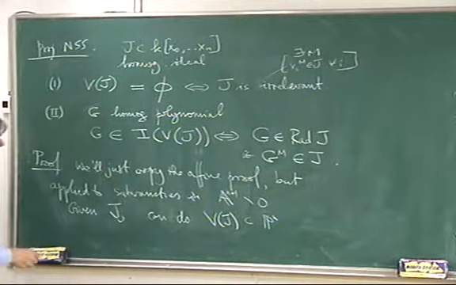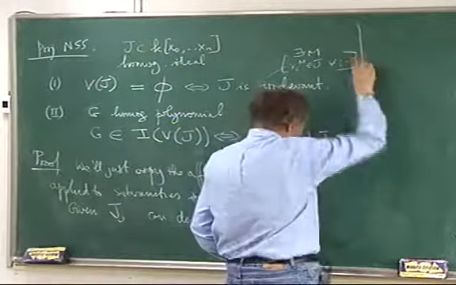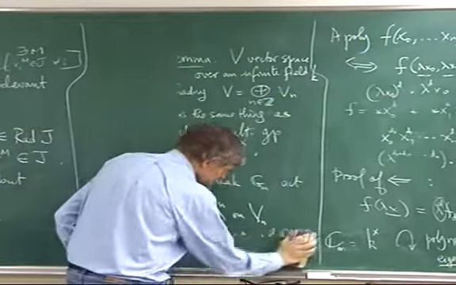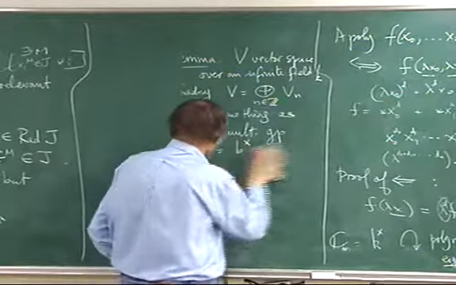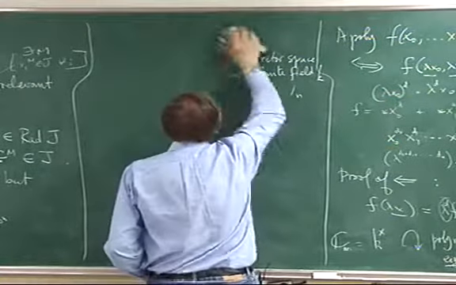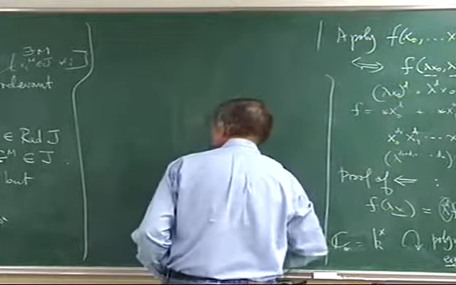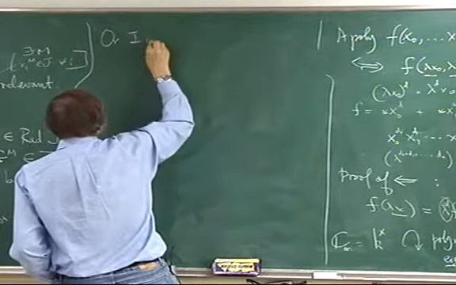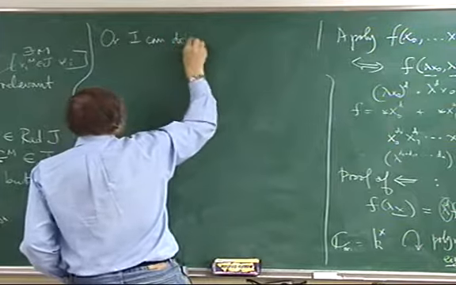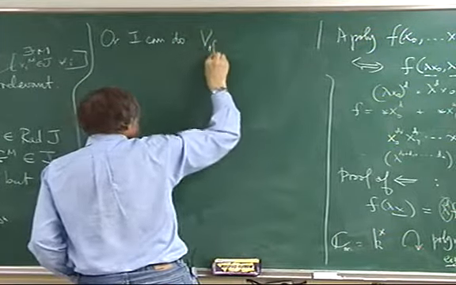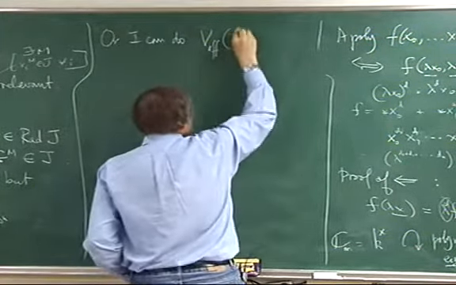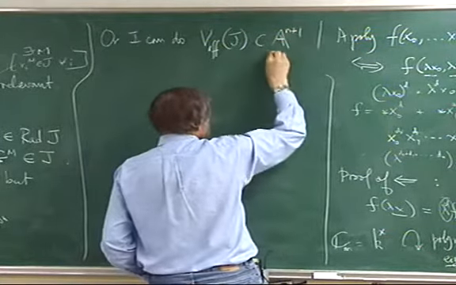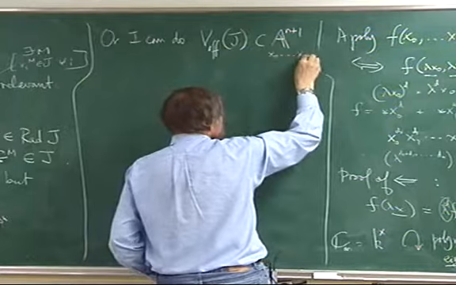But I can also do V affine of J in A n plus 1, with coordinates x naught up to xn.